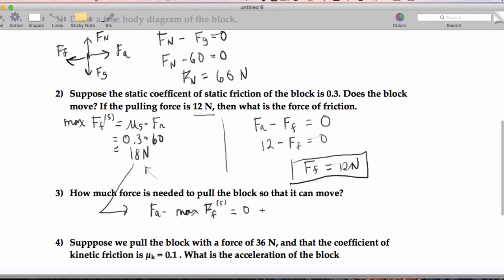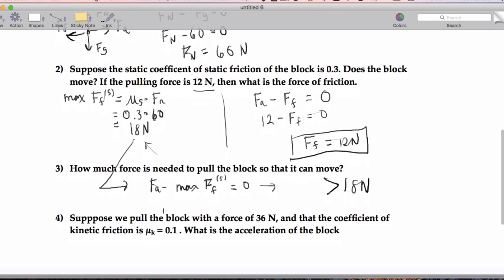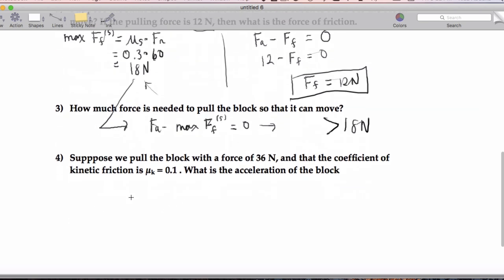So when we work out this math, we need a force that's bigger than 18 newtons for it to move, which is exactly what we get in problem 4 here. Since we know that 36 is bigger than 18, this tells us it moves. So we do know it moves.